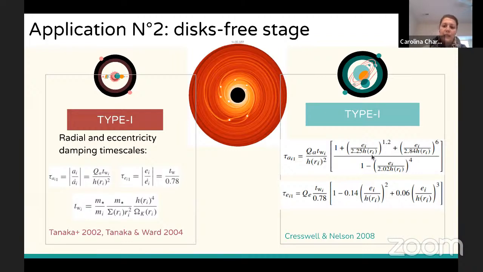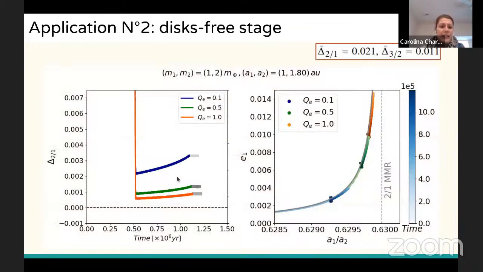And so if we add these terms that they propose, because they are using hydrodynamical simulations instead of doing a linear expansion, what we get is something like this. Before, the planets reached the commensurability and continued migrating constantly, but now what we see is that they depart from the commensurability.